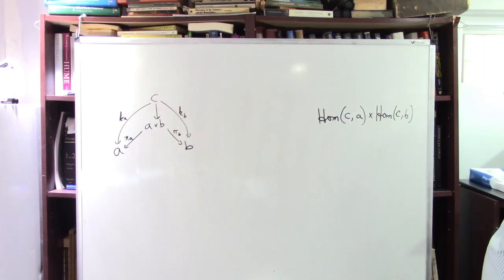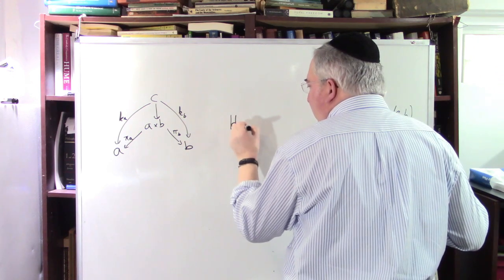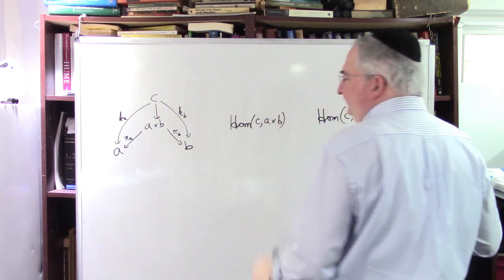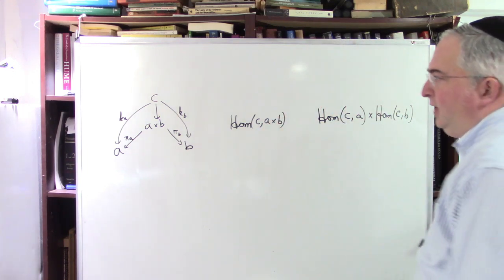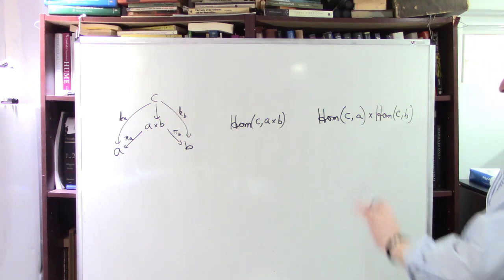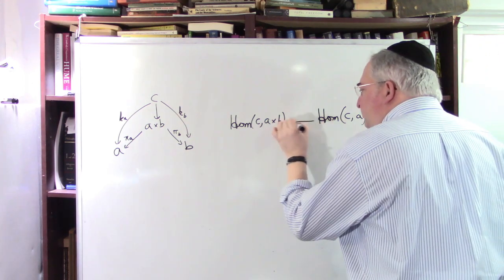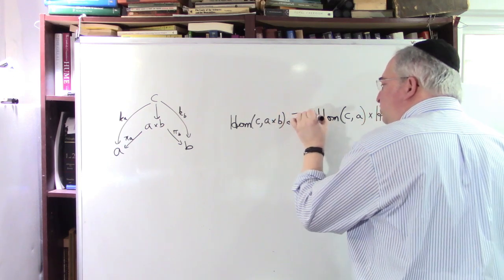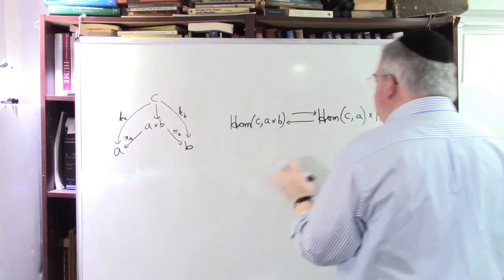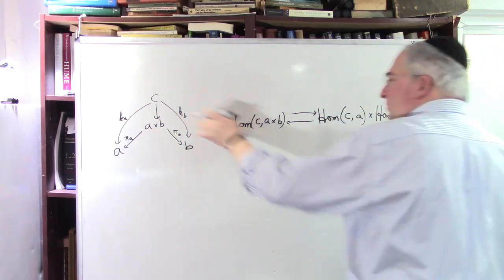For any two maps like that, you can also look at a map from C to A cross B. That's a map from C to A cross B. Now, the point is that there's two maps between these two sets. These are Hom sets. So this is the set of maps from here to here. This is the set of maps from here to here. This is the set of maps from here to here.